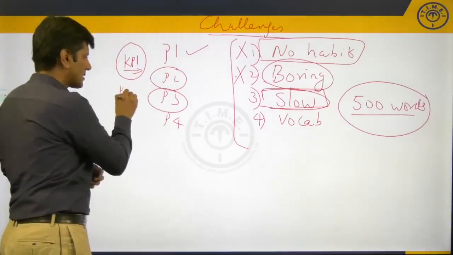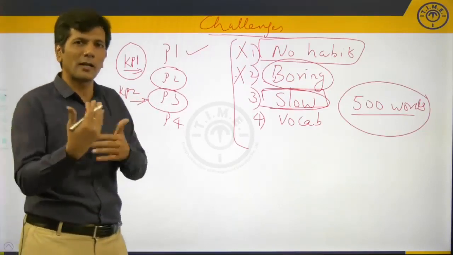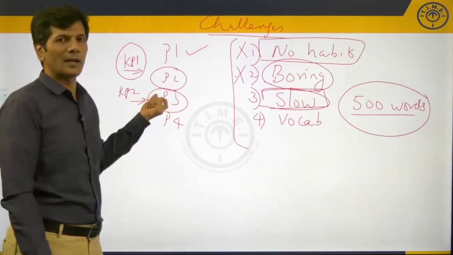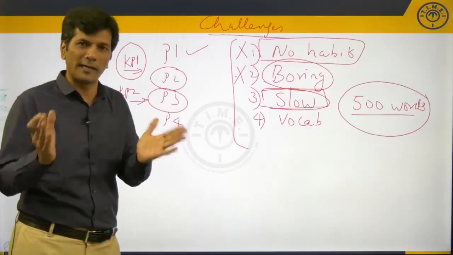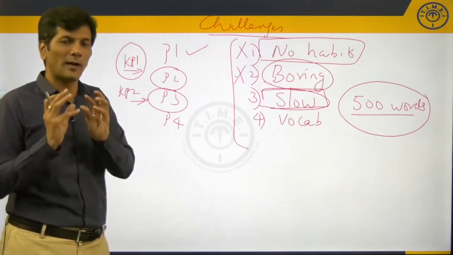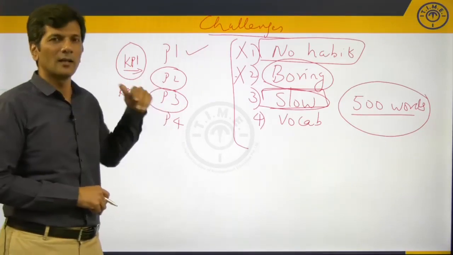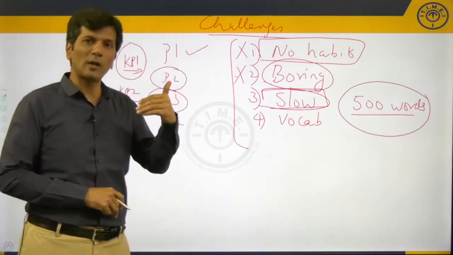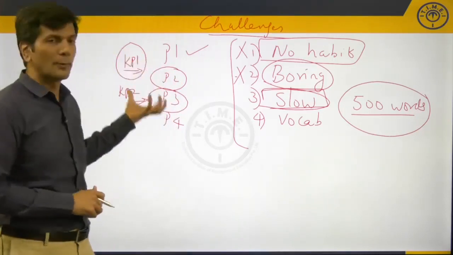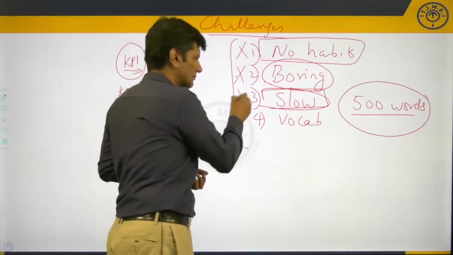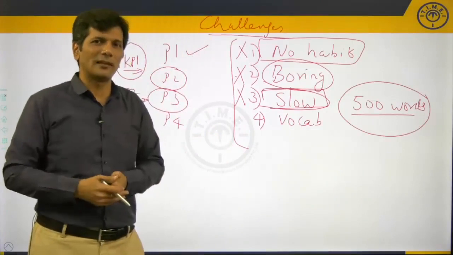Similarly, let's say there is a key point 2 in paragraph 3, and there are some more subordinate or finer details in paragraph 3. Don't worry about memorizing those finer details. Just know that the finer details associated with this particular key point exist in paragraph 3, so that reference understanding will help you when you actually come to answering questions. So this approach should actually eliminate slow reading as a challenge.